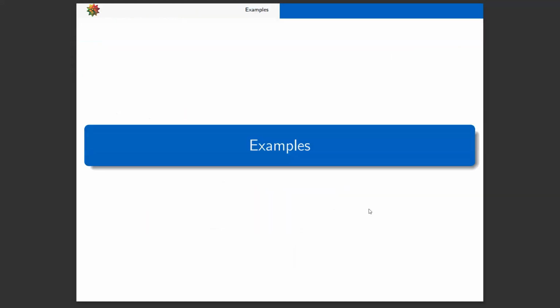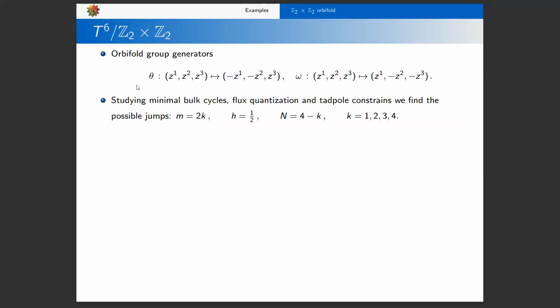So now we try to find examples to see how this works in practice. The first one is again the T6 over Z2 orbifold, which is generated by this group action over the complex coordinates of the torus. The first thing we need to do is to study the minimal bulk cycles and the flux, together with the flux quantization and the tadpole constraints, to see to what extent we can have allowed jumps between D-branes from one side of the membrane to the other.